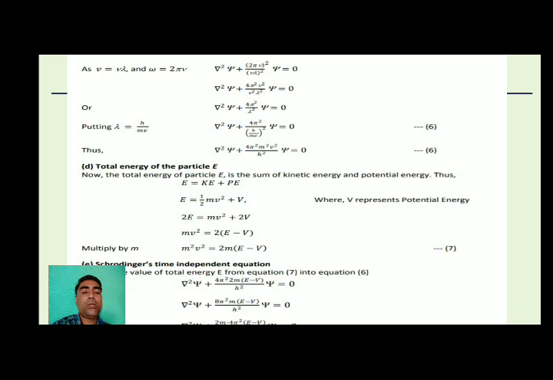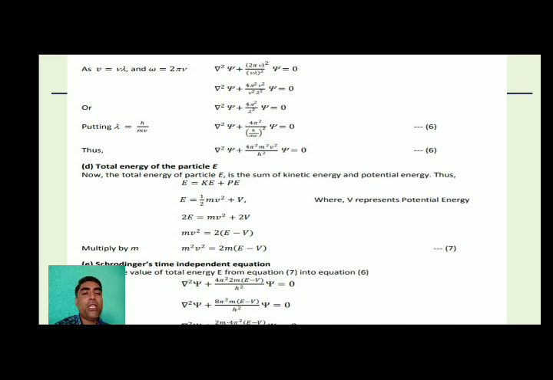If we represent the potential energy by capital V and the kinetic energy as ½mv², then the total energy can be expressed as E = ½mv² + V. Now if we rearrange, we get m²v² as 2m times the total energy minus the potential energy of the particle.